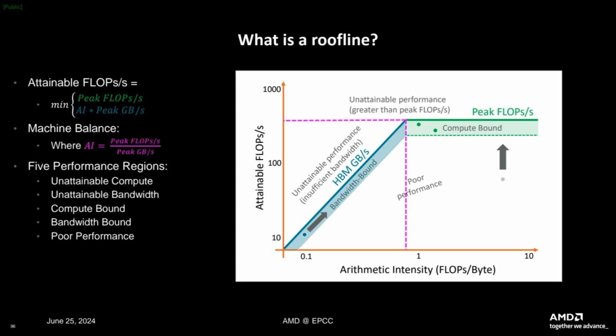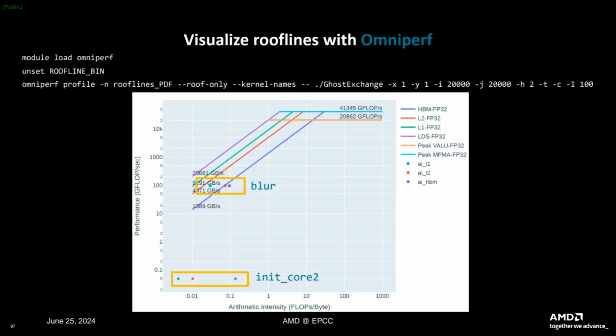And you would like your data points for your kernels to be close to the compute bound limit. So you can see a roof line for your specific kernels. And here I have a roof line for the blur kernel, which was the one averaging the solution, and also the one that was taking up the most time in our computation before.